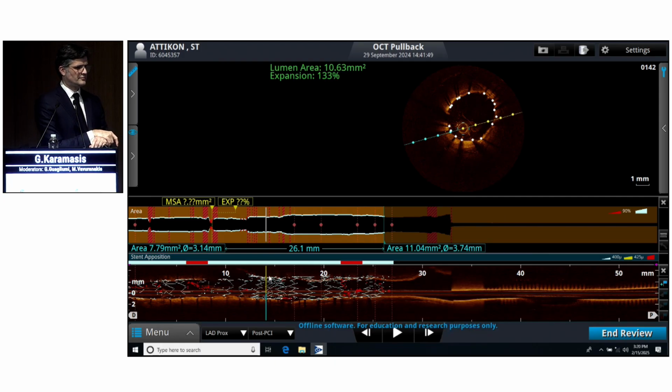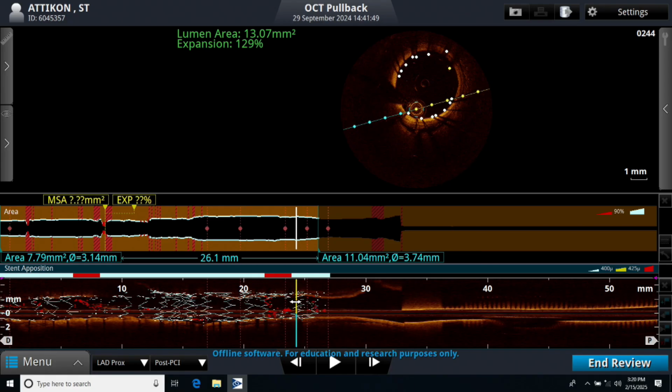This is the proximal half of the LAD going from the entrance. When you have some red dot, sometimes it is the blood that is going to be misinterpreted by the AI. So almost all the struts are pretty close to the vessel, and so there is no big malposition.